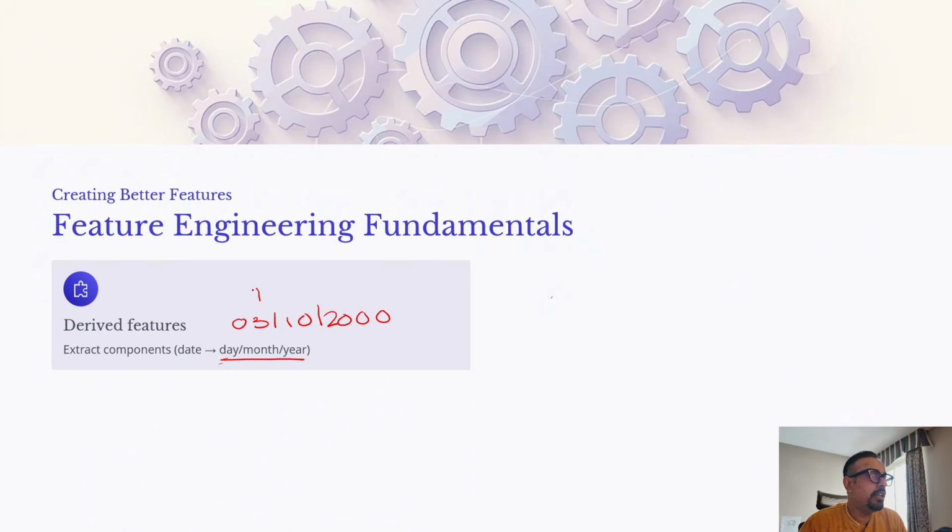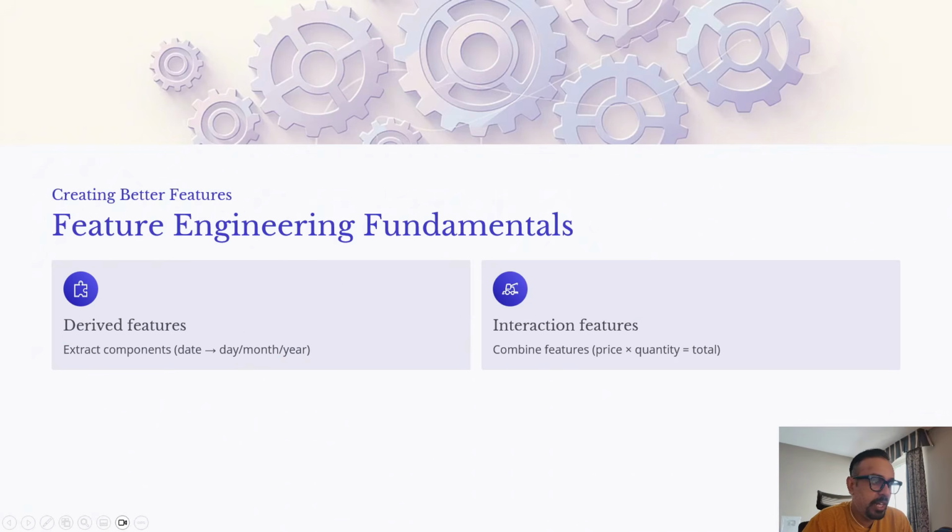Do you need the day, the month, or the year? If you are looking for any one of them specifically, then you can extract it from this entire thing, that is from this existing column, and you can make a new column out of it, which is known as derived features.